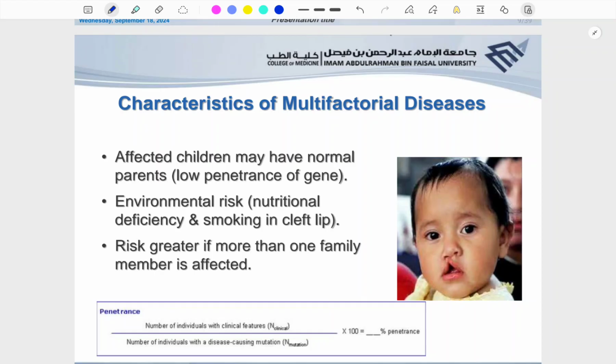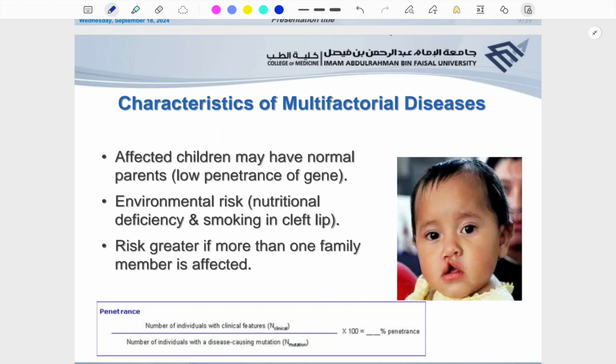If we're talking about penetrance, you remember what I told you about penetrance? If you have 100 people who have a mutation in, for example, BRCA1, which leads to breast cancer, not all 100 will develop breast cancer by the age of 50, only 70% will. This is known as the penetrance for BRCA1.